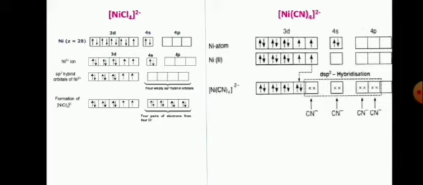Again I'll repeat, we needed 4 empty orbitals for hybridization, as there were 4 ligands and each ligand was going to donate 2 electrons. So over here, one empty orbital was taken from d. I am talking about NiCN4. So one empty orbital was taken from d, because cyanide, being a strong field ligand, had paired the 2 unpaired electrons.